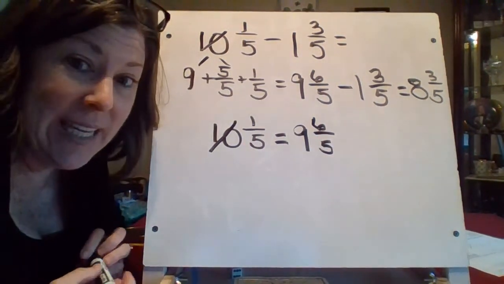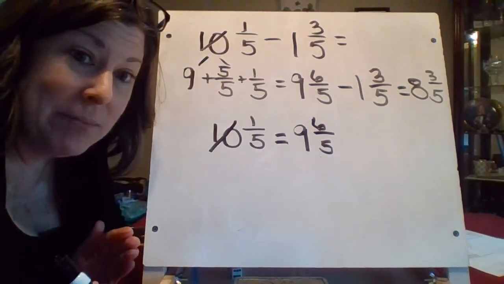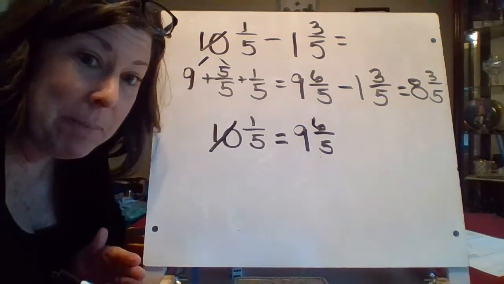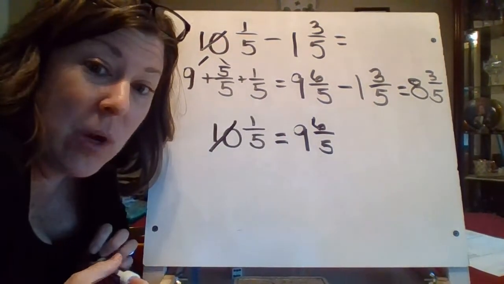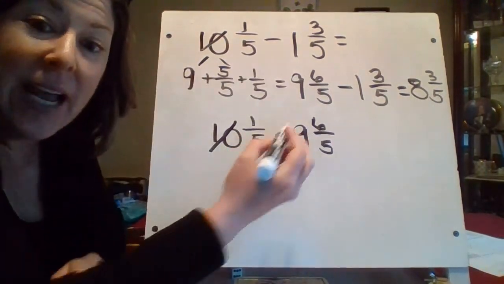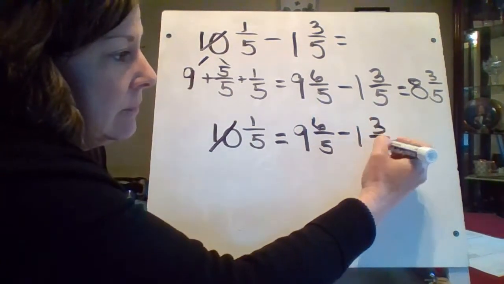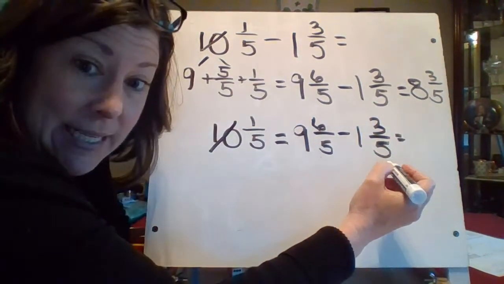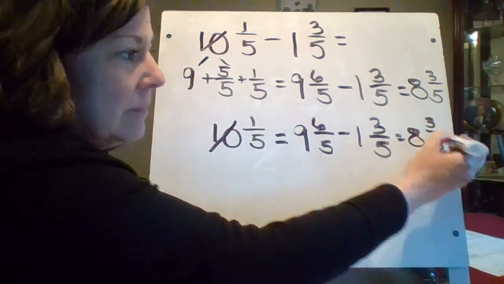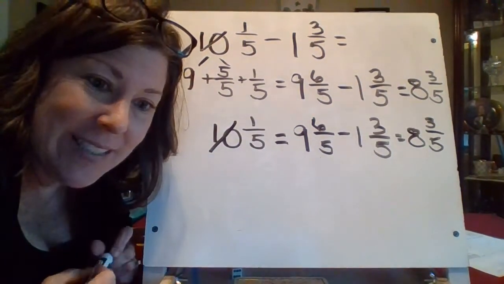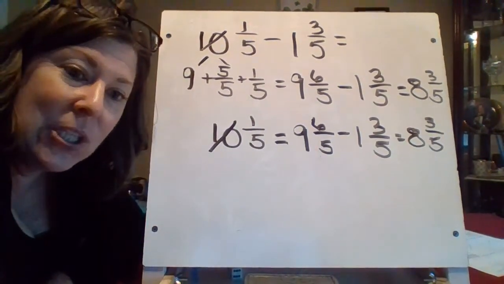So I'm basically adding the fifths I have and the one extra one I have. So 5 plus 1 is 6. Then I can subtract my 1 and 3/5, and I still get 8 and 3/5. So good luck on your problem set, and I will see you tomorrow.